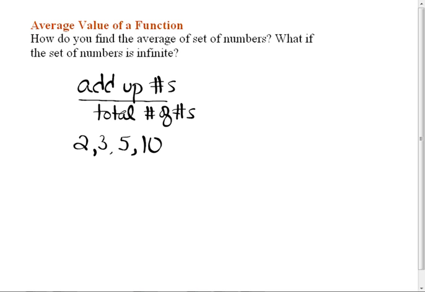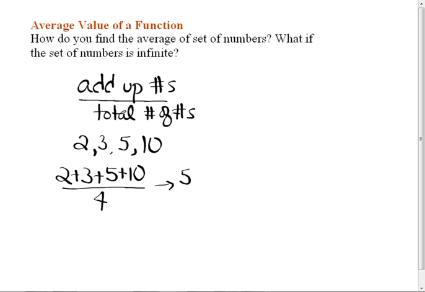Those are discrete values, so we would add them up. And if you were asked to do this on a test, I would want to see where you're adding up. I know you can do it in your head. And you would divide by what? 4. So you get 5. I don't like to put the equals in. It's not an equation. I just evaluate it.